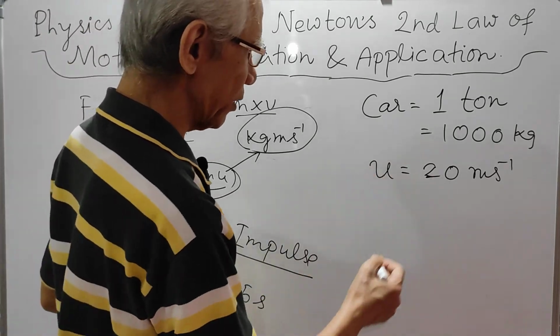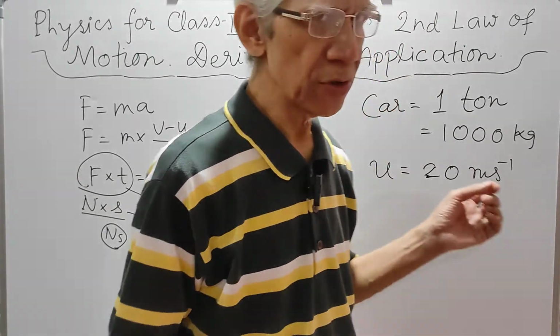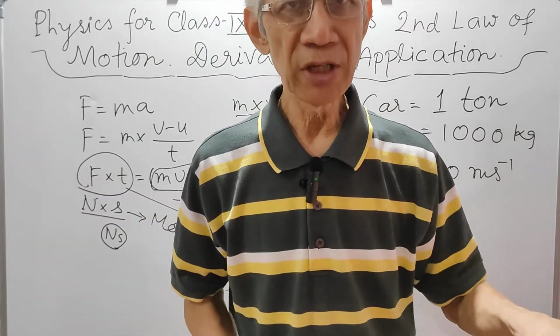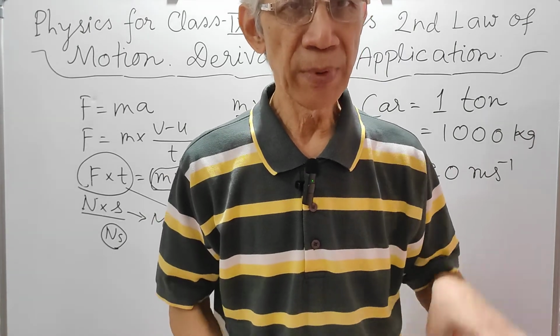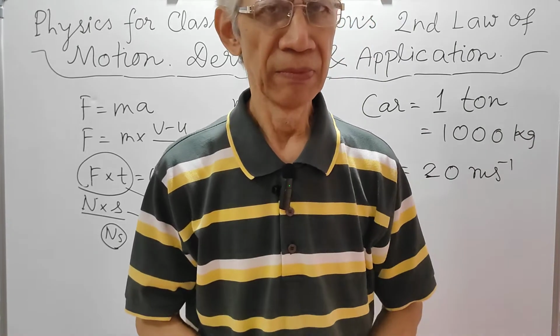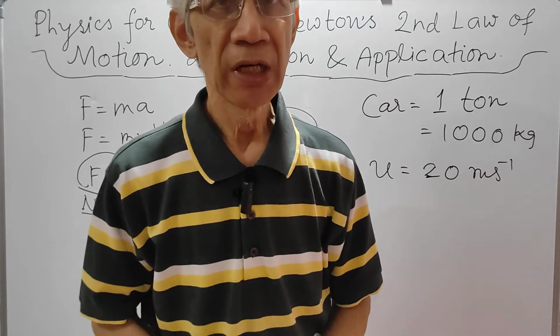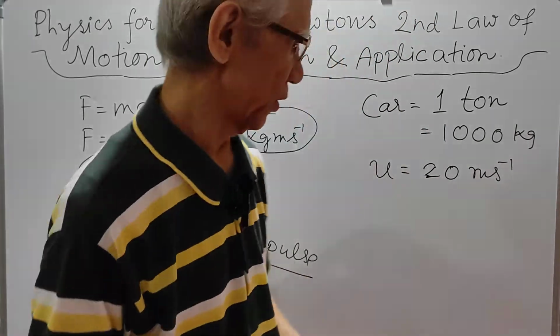Then a force is applied on it by the accelerator. If you want to increase the speed of a car, what do you do? You press on the accelerator constantly, and that accelerator applies force on the car so that its velocity gradually increases.